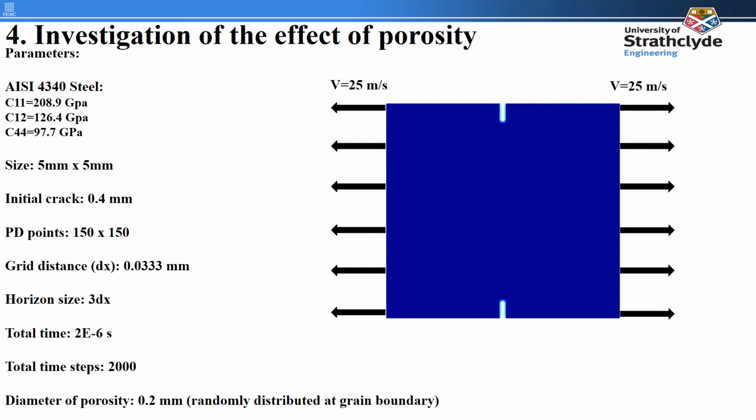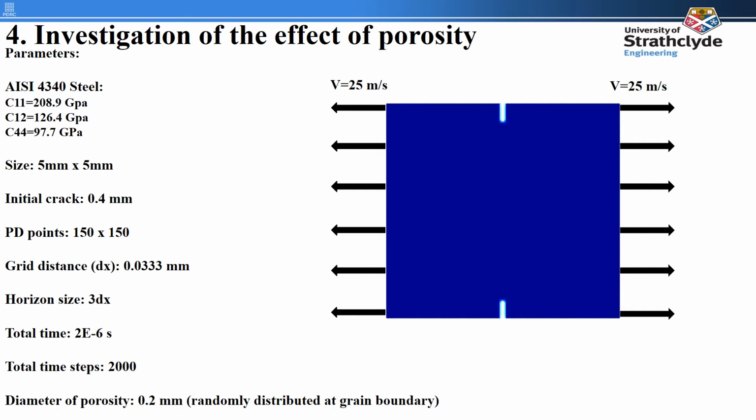Then, we utilized our model to explore the effect of porosity. The plate is made of steel, and its size is 5 mm by 5 mm. There will be two small initial cracks at the top and bottom edges of the plate. A 25 meter per second velocity is applied through additional 3 layers of peridynamic points as loading conditions.